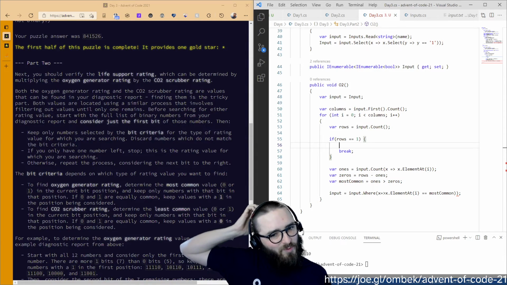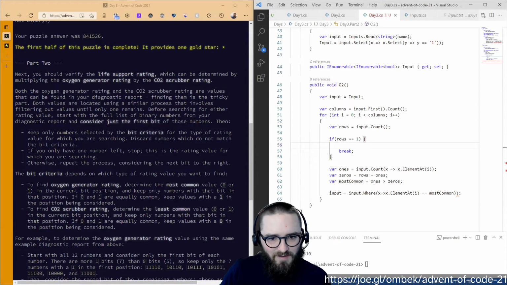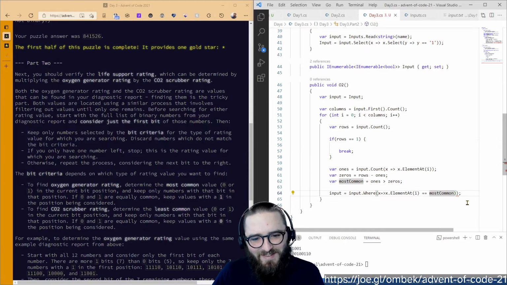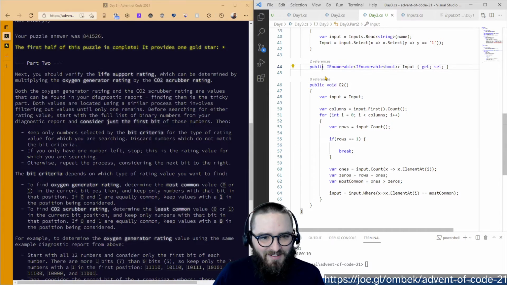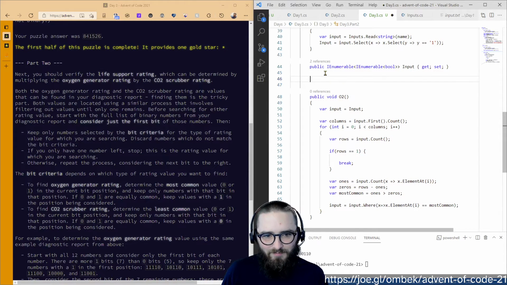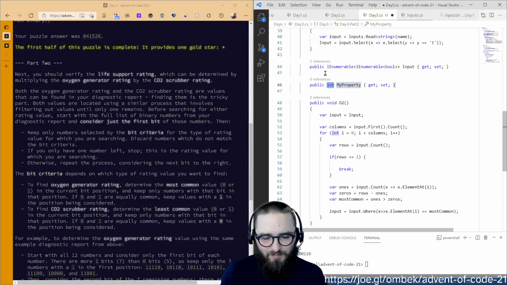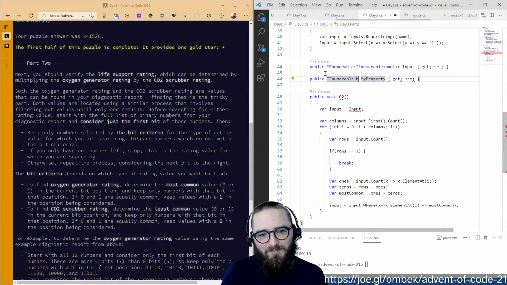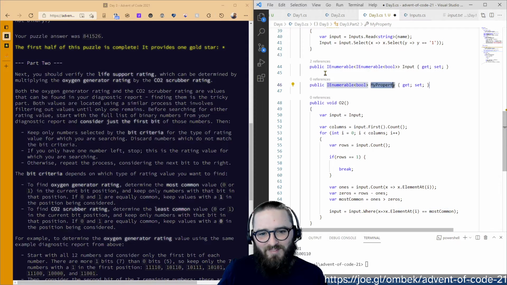If rows is 1, then I'm going to set... I need to convert it back to... let's not convert it yet.